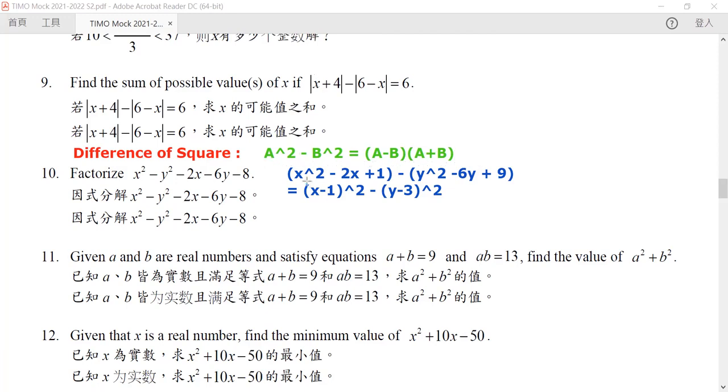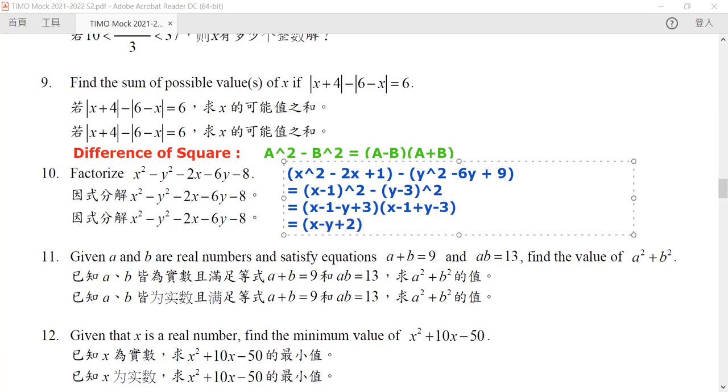In here, this is our a, this is our b. So we can invoke our identity to rewrite it as the following. It will be x minus 1 minus y plus 3, times x minus 1 plus y minus 3. So the whole expression will be equal to x minus y plus 2, times x plus y minus 4. So this is our answer. Hence we have factorized question number 10.